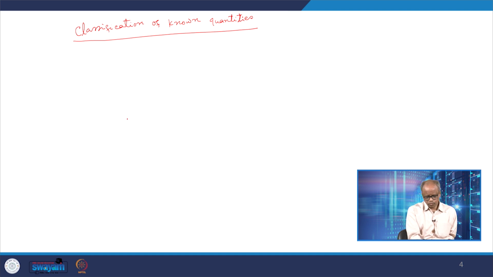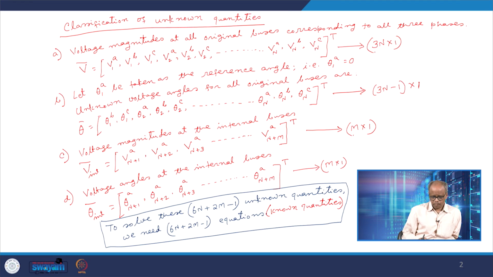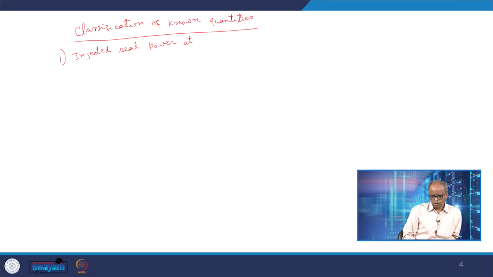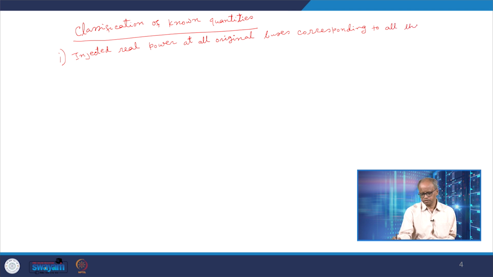The first classification is injected real power at all original buses corresponding to all three phases.